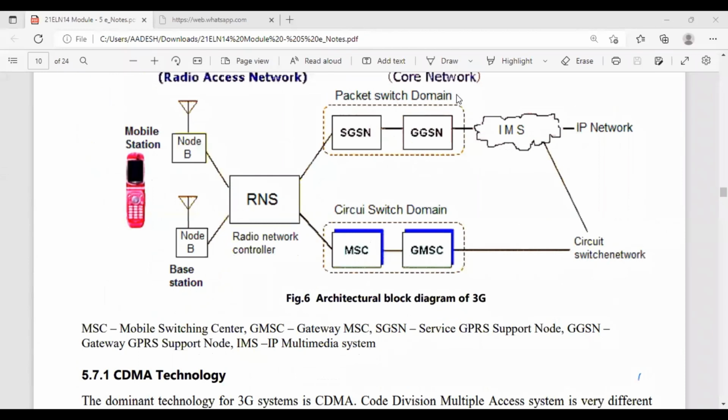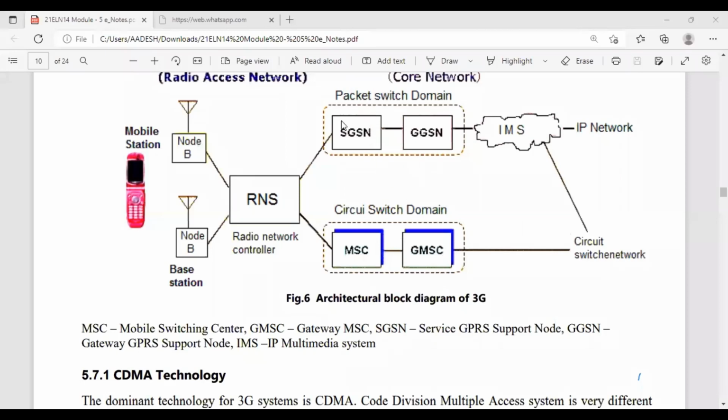And in the packet switch domain, we have SGSN, meaning serving GPRS support node, and GGSN, meaning gateway GPRS support node. Okay, so if you want to send data from one network to another network, we have to go through the gateway MSC.